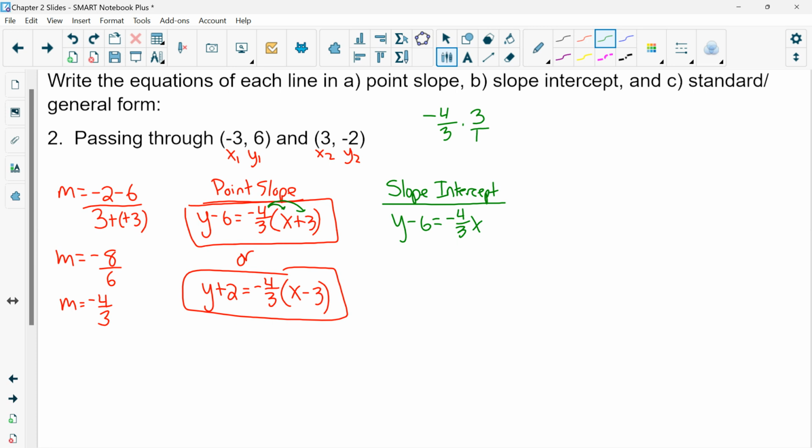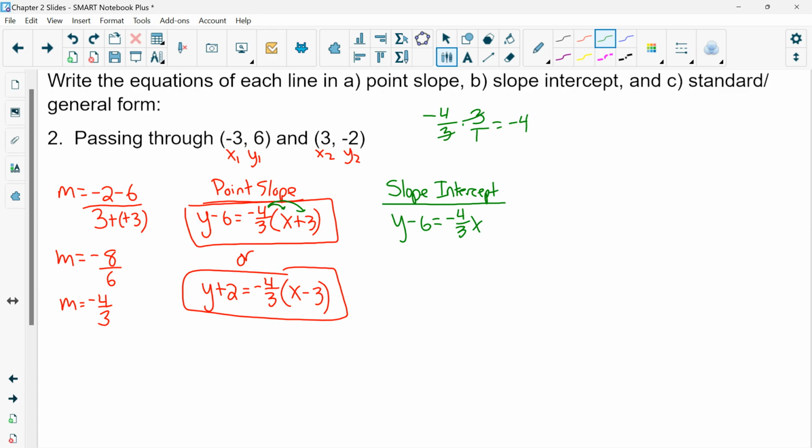Remember, that'd be 3 over 1. So what's -4/3 times 3 over 1? What's going to happen to our 3's? There's a 3 on the top and a 3 on the bottom. They're going to cancel out. So you're left with just -4.